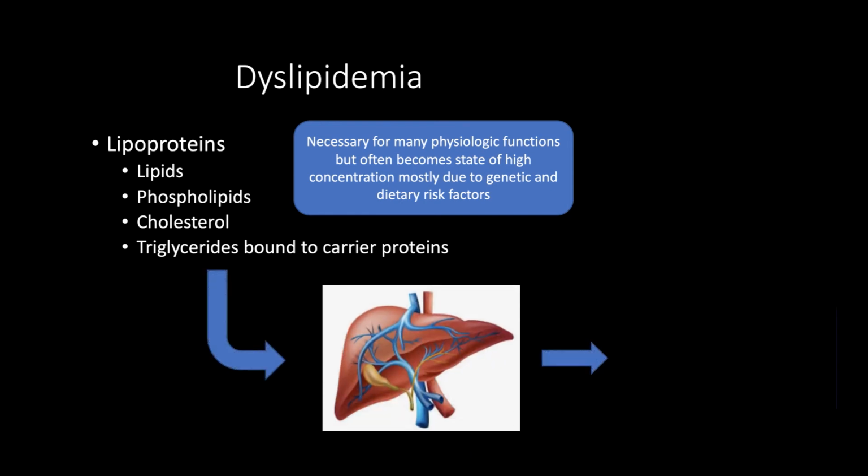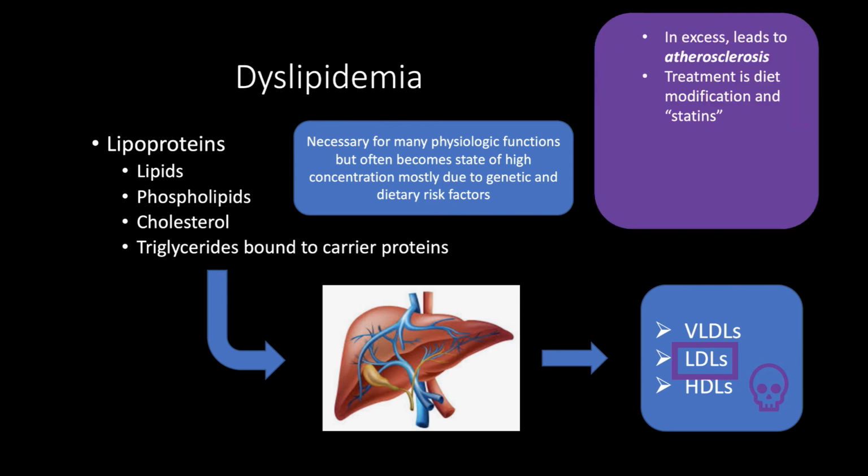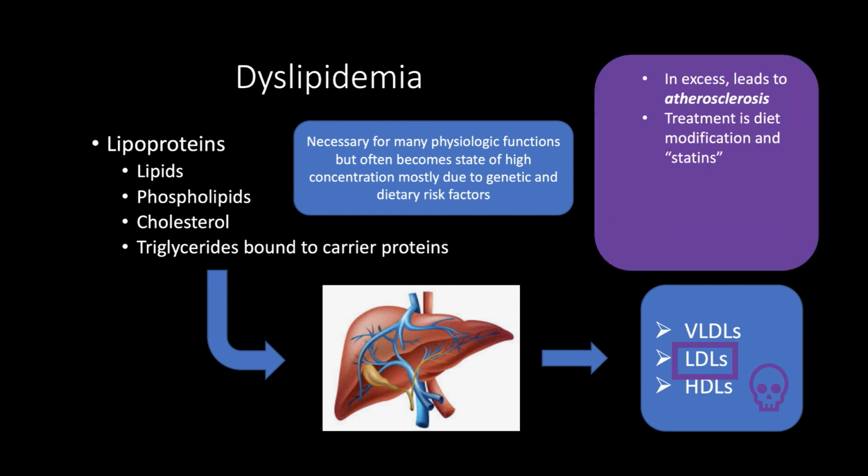So you take these guys, these lipoproteins, they go through the liver and they get processed into these units. And then we label them as either very low density lipoproteins, low density lipoproteins, or high density lipoproteins. The LDLs are bad. Again, in high number. We do need them for some things.